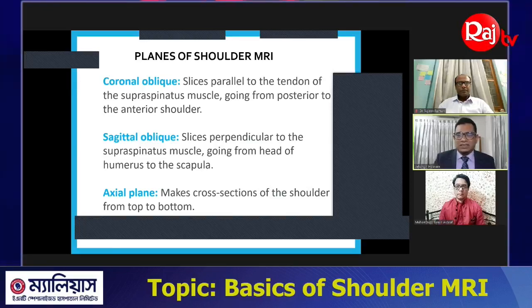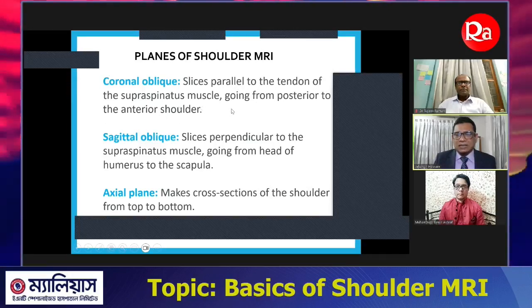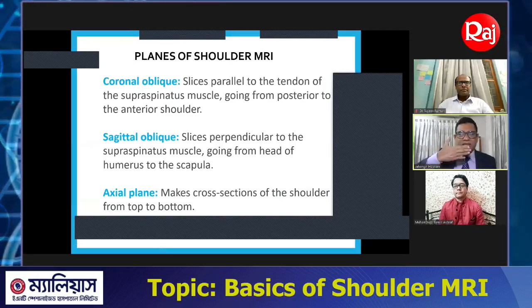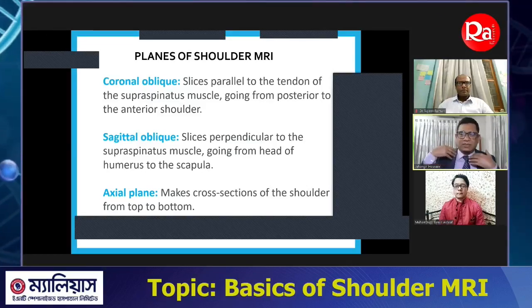The coronal oblique lies parallel to the tendon of the supraspinatus muscle, going from posterior to anterior of the shoulder. That means the coronal oblique plane films are slices from front to back of the shoulder.